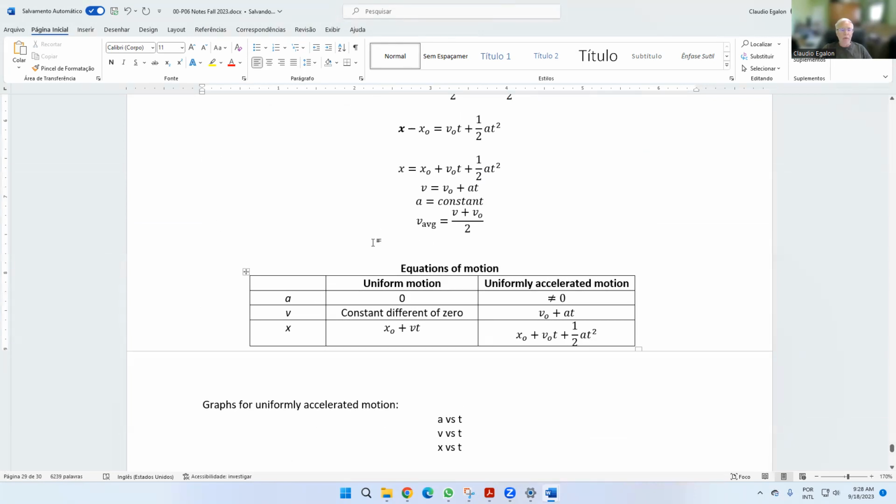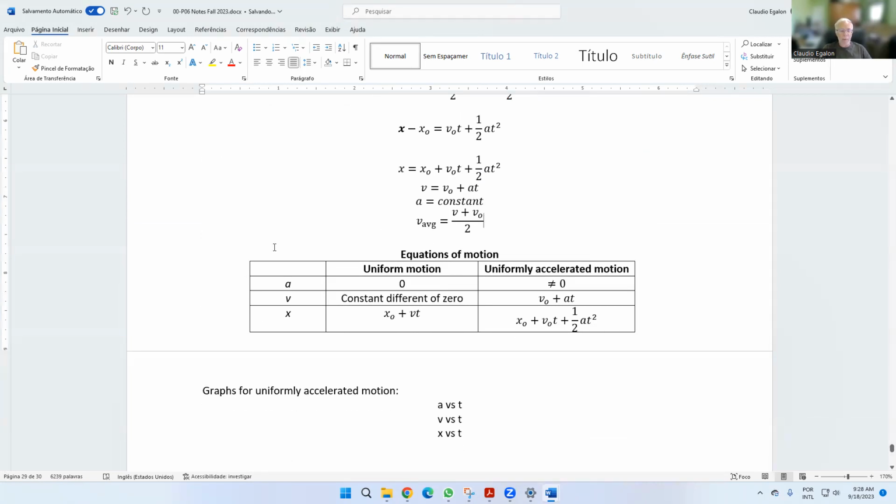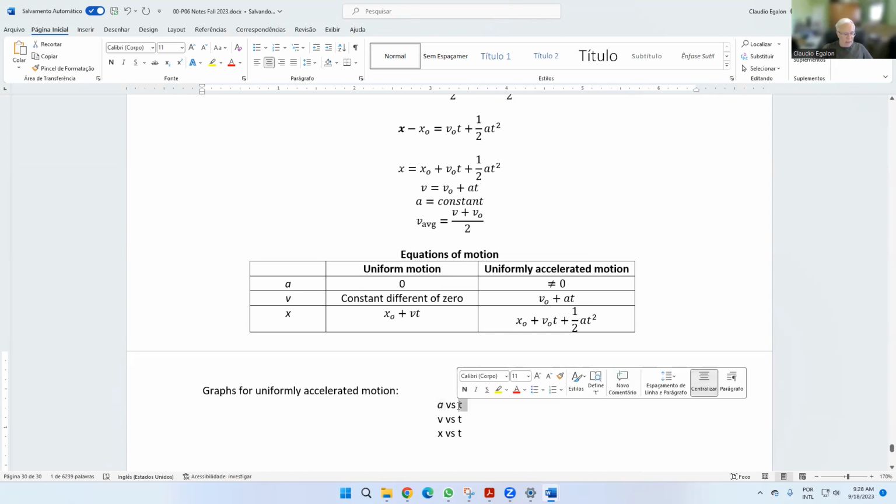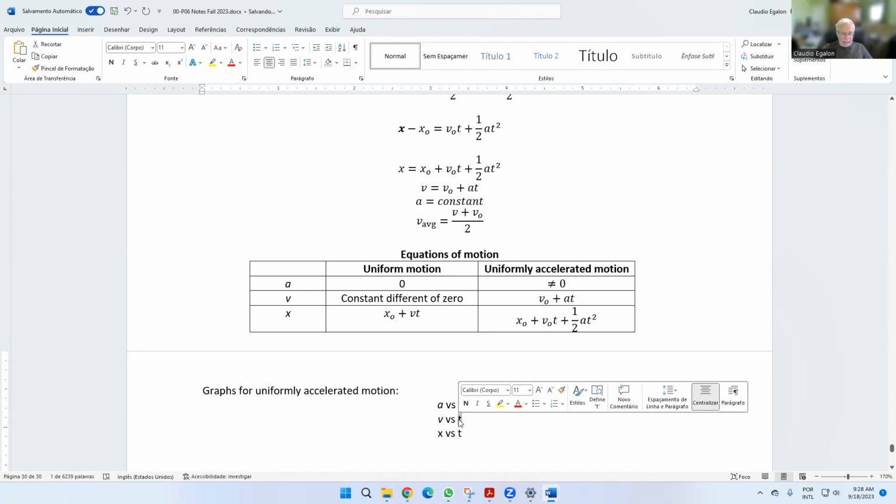Graphs for uniformly accelerated motion: a versus t, v versus t, and x versus t. How do they look?